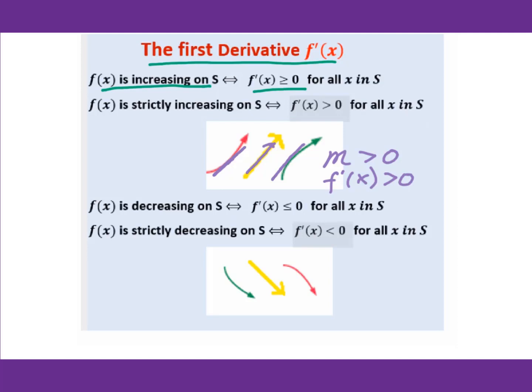For the following graph, f of x is decreasing. When you sketch the tangent line, you could see the first derivative of f of x, which means the slope of this tangent line, is negative. So we can see the first derivative of f of x is less than 0.